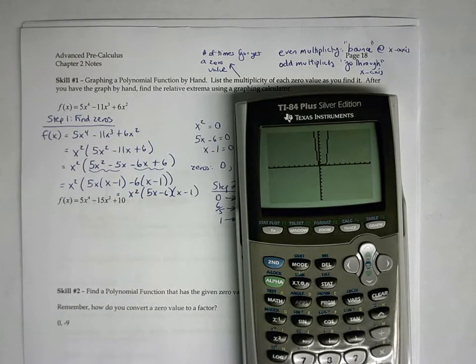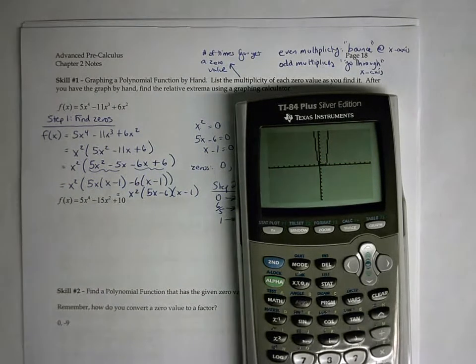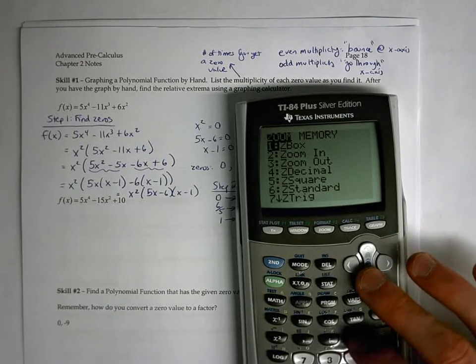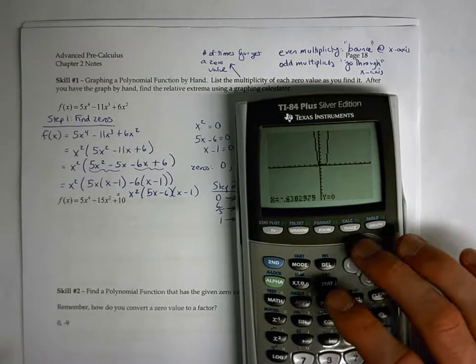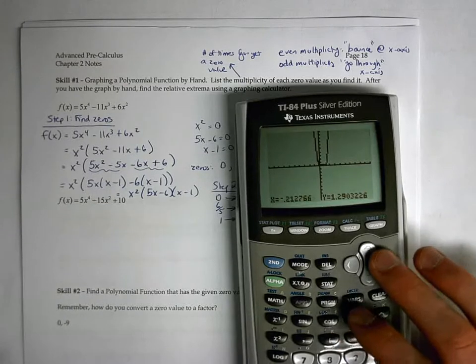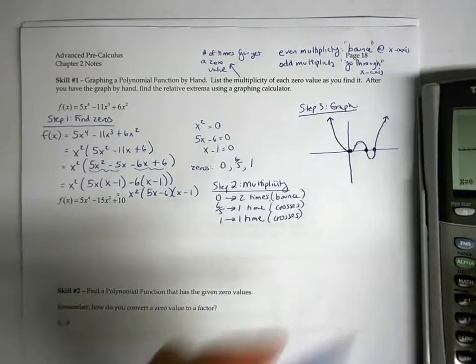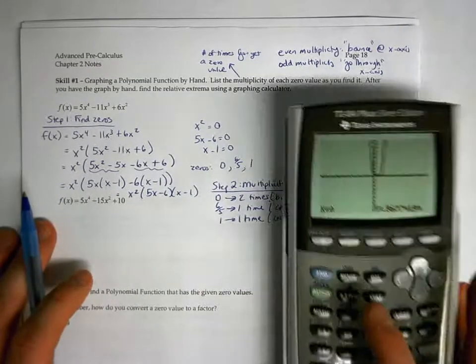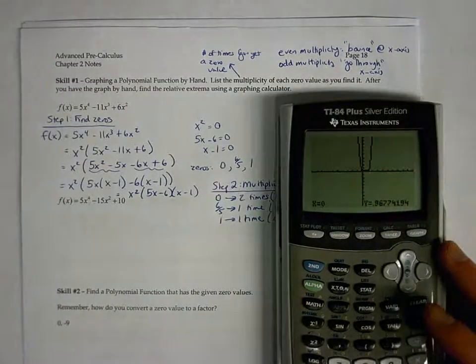And as I look at that, I really don't see too much right there. Sort of looks like just a parabola. So we'll zoom in a little bit. Let's take a zoom box. And I'm really interested in the piece that's a little bit after 0 and the piece that's between 6/5.